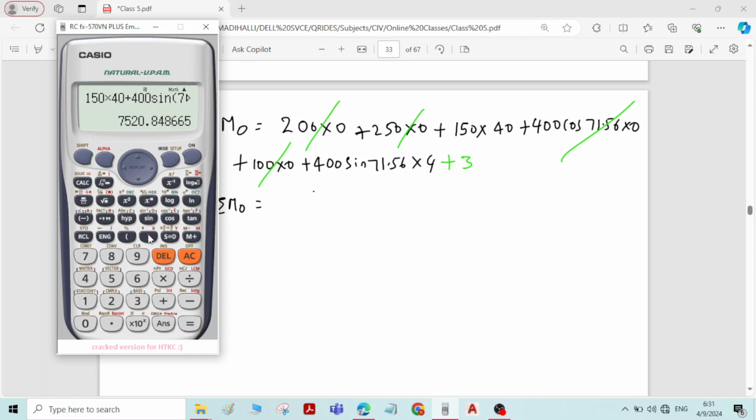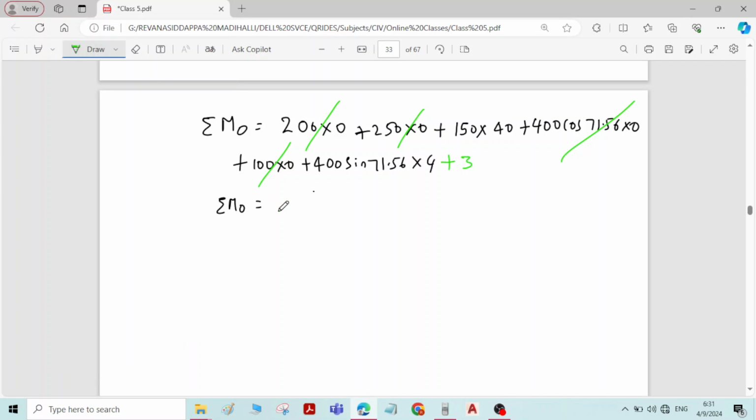It is 7520. 7520 Newton millimeter is the answer.